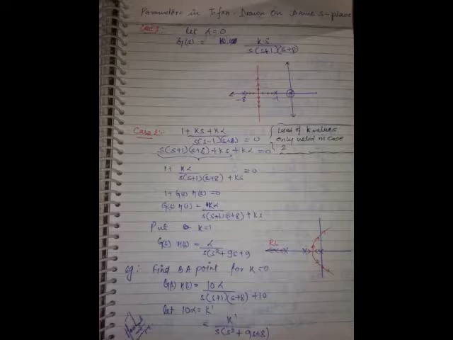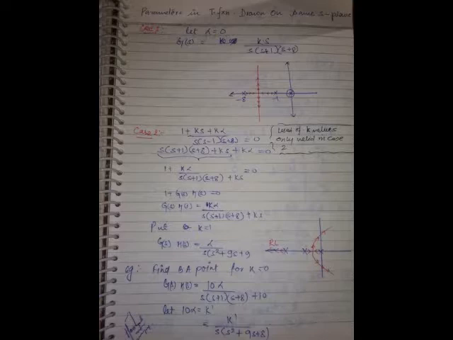This is called pole zero cancellation. Pole zero cancellation means you show it like this in the diagram: pole and zero occurring on the same point.